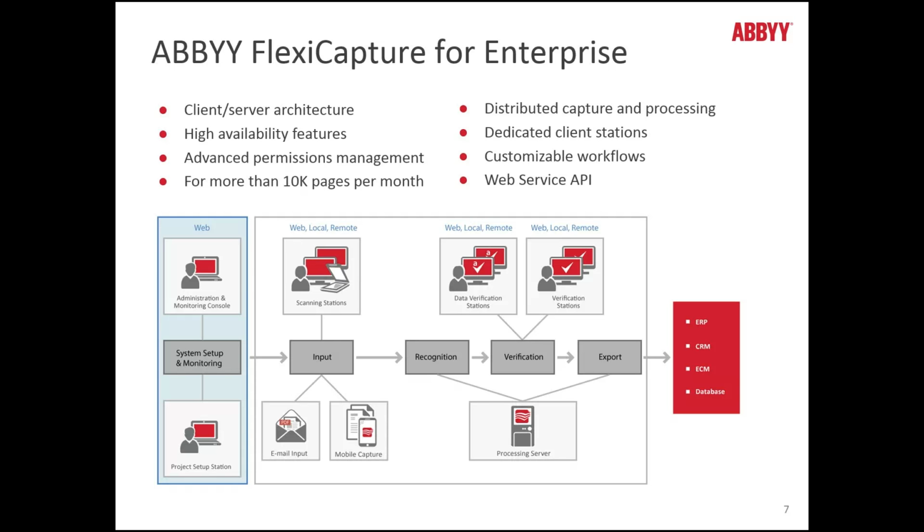So that's the verification step in the process. Verification lets someone look at each document and make sure that if there are any problems with it, they can be corrected. That can be done remotely through a web browser, through a thin client, or by being connected directly to the network client.